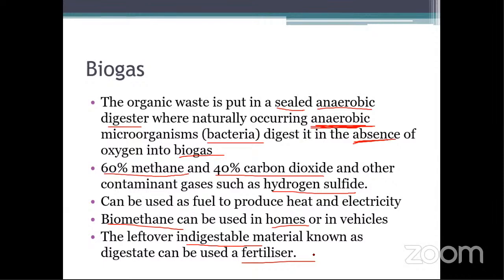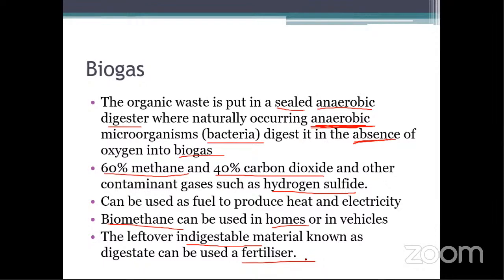So isn't that a great renewable energy source that people can use? Because every time you cut up one tomato, you have a piece like that you throw away. Not true? And you can use that to actually produce gas that you can then turn around and put in your car, and also fuel, even to cook with.